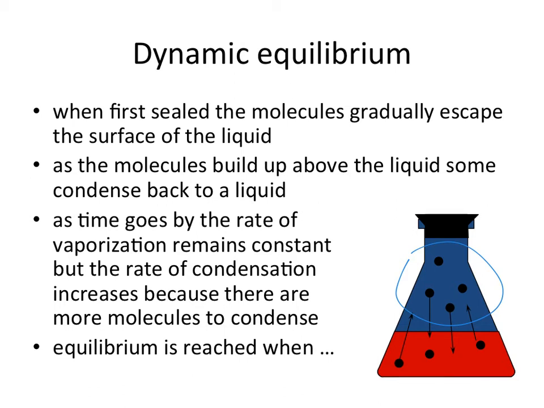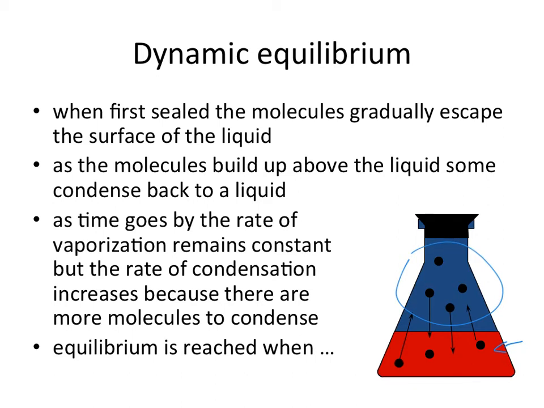And eventually the molecules are going to build up to a certain concentration. And once that concentration is reached, some of the particles are going to start to condense back down into the liquid phase.